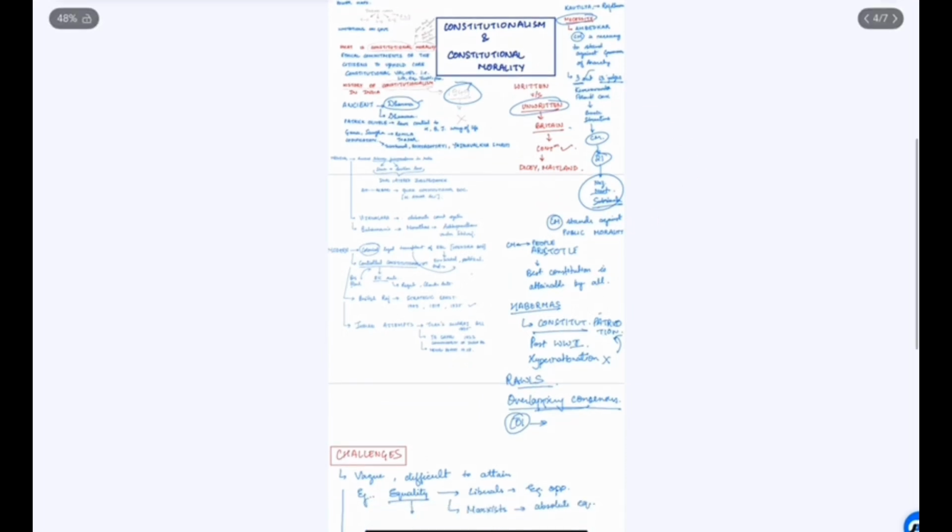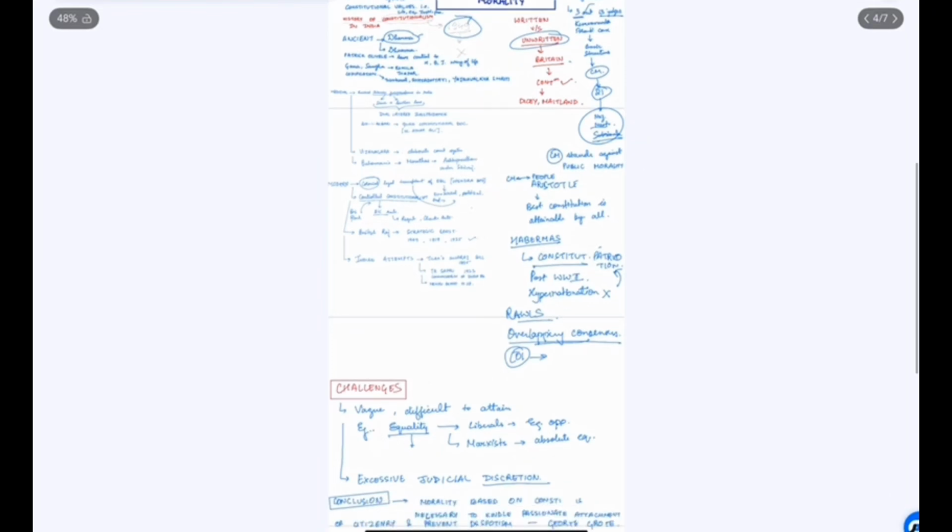Now, arguments on constitutional morality. We talked about how Cordelia has talked about Raj Dharma and why constitutional morality is necessary. Here we have quoted Ambedkar, and then we have seen that Supreme Court judges have also shaped the idea of constitutional morality in India.